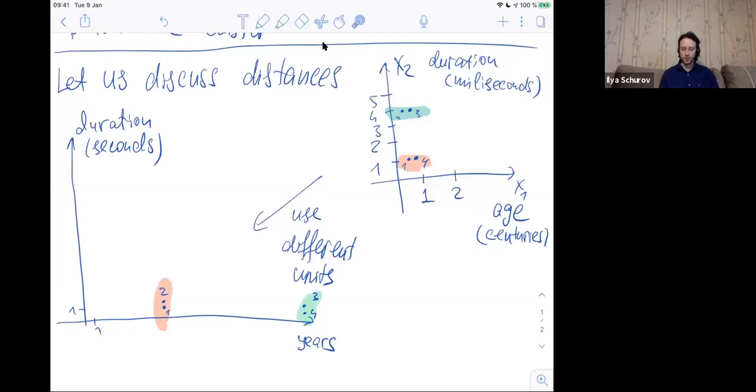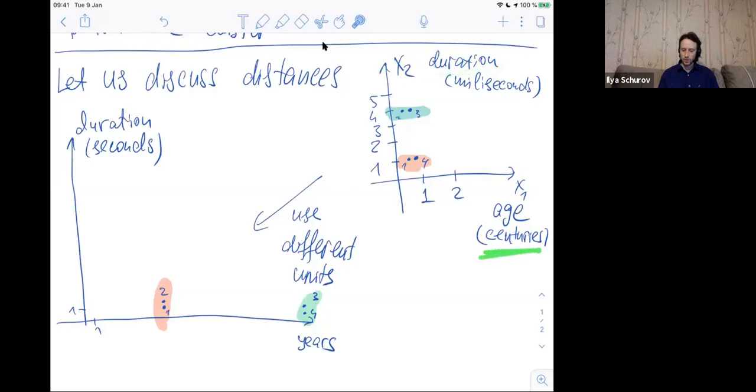What is different is just the usage of units of measure, because this change in units changed the way we measure difference between 2 points. If we measure distances here, we measure this duration in milliseconds, so points look to be very far from each other if they have even a small difference in their duration.